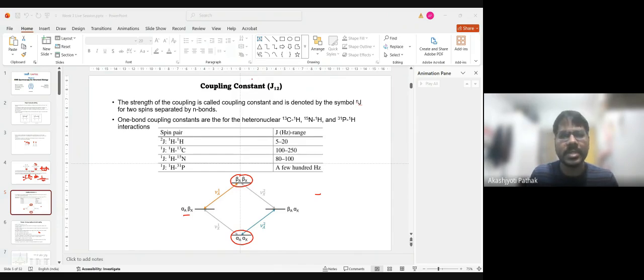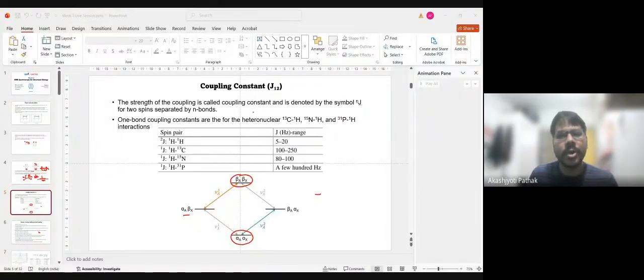When you want to understand the peak splitting of this proton A, HA proton, this proton A will be split by this proton C, and it will also be split by this proton B. So proton C will split proton A into a doublet, and proton B will also split proton A into a doublet.